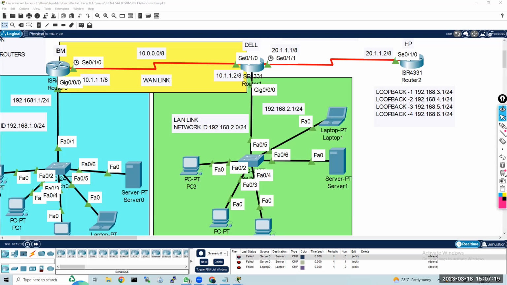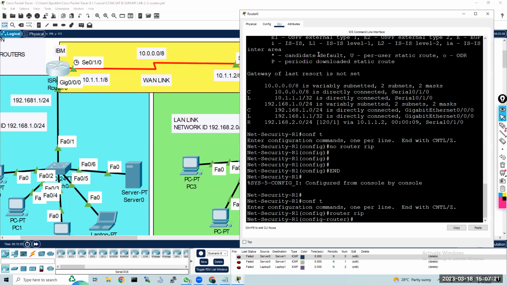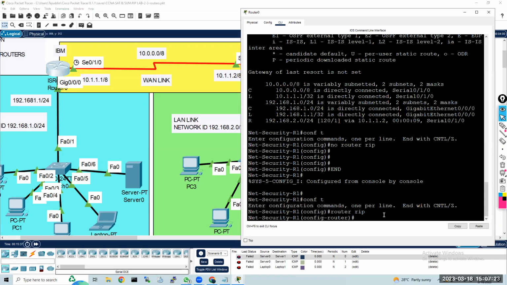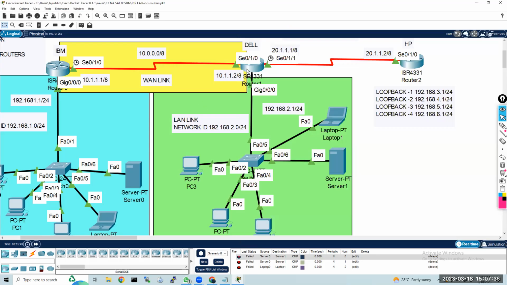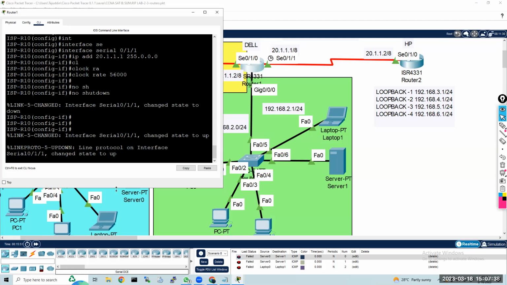So let's configure first on my IBM router. Network 192.168.1.0, then network 10.0.0.0. That's it. Now router 2.